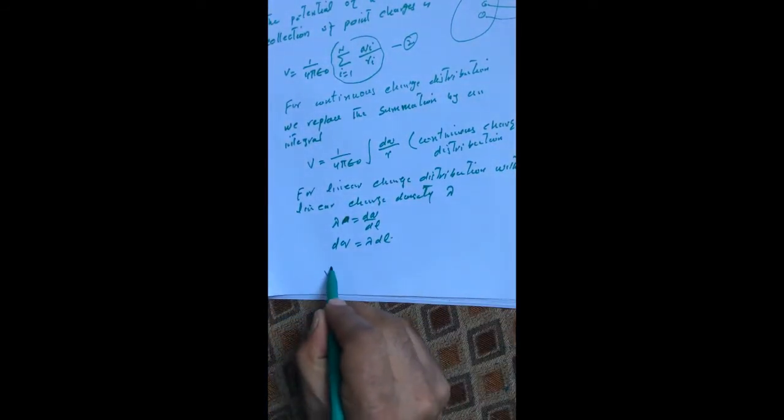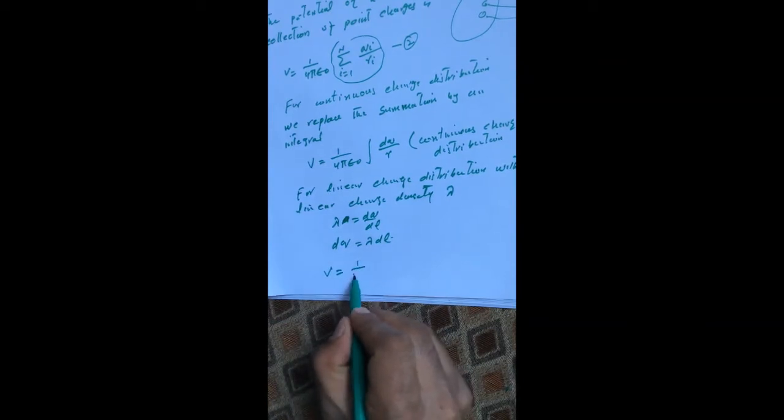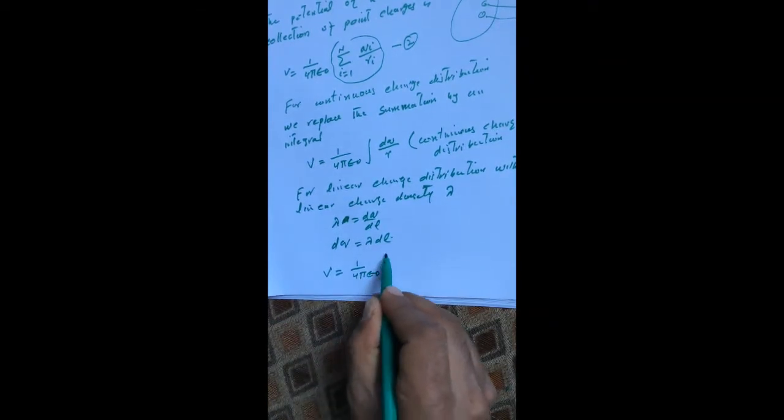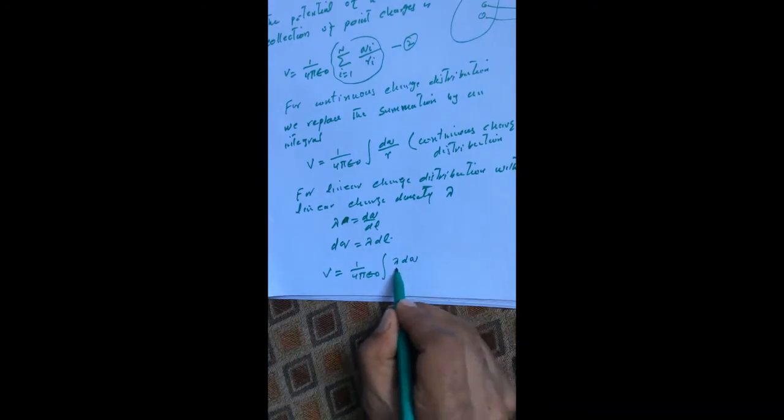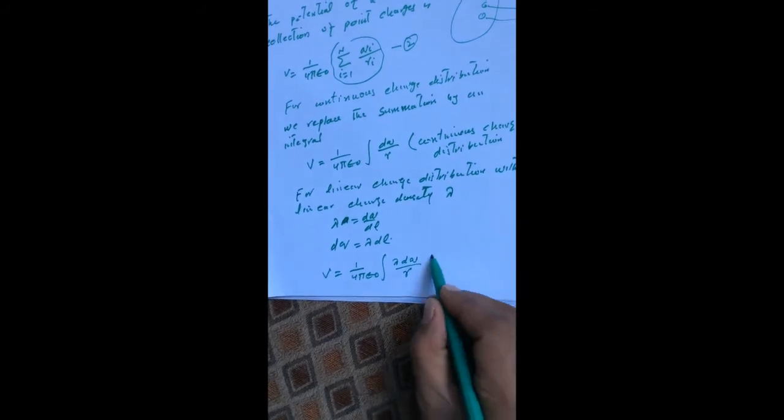So for linear charge distribution, the potential will be V is equal to 1 over 4 pi epsilon naught integral of lambda dl over r. This is for linear charge distribution.